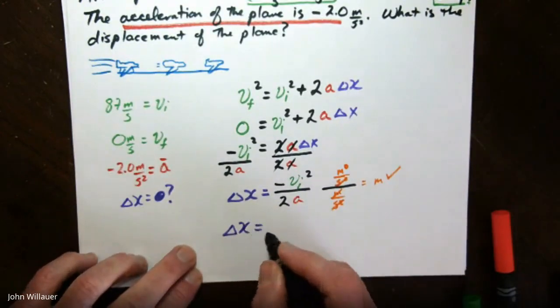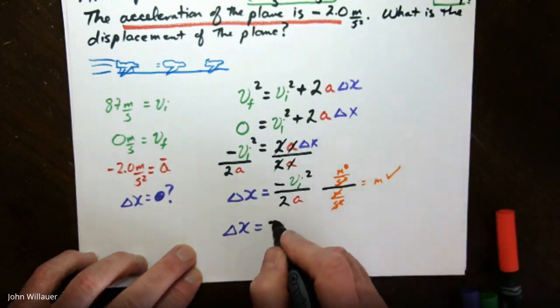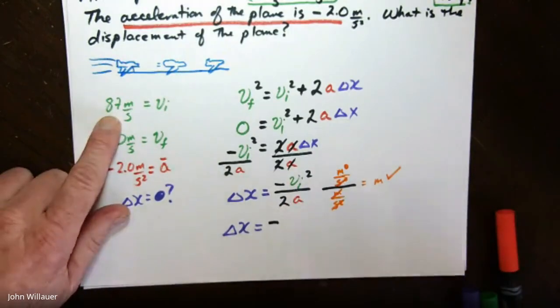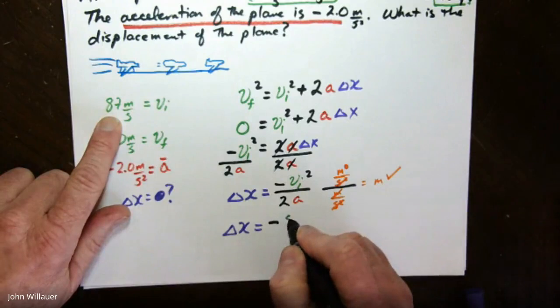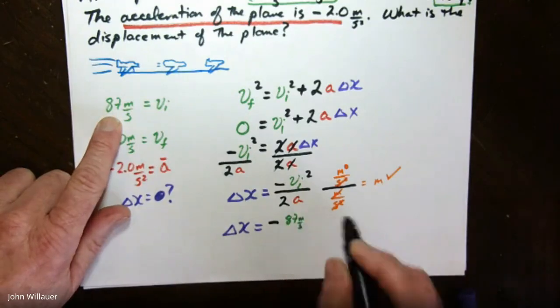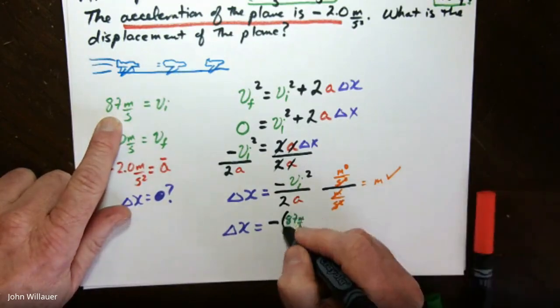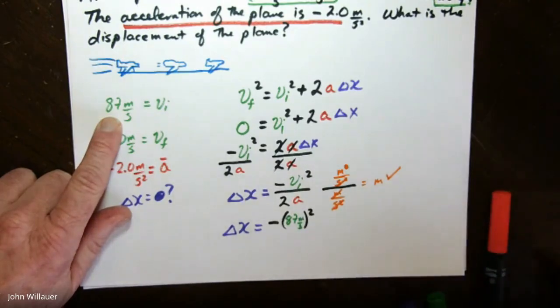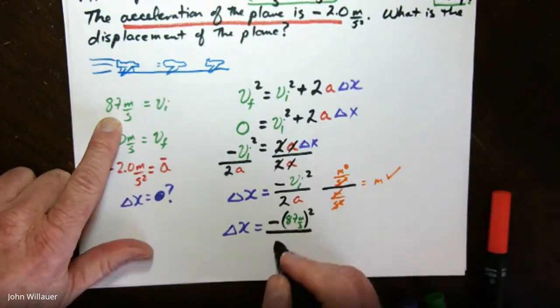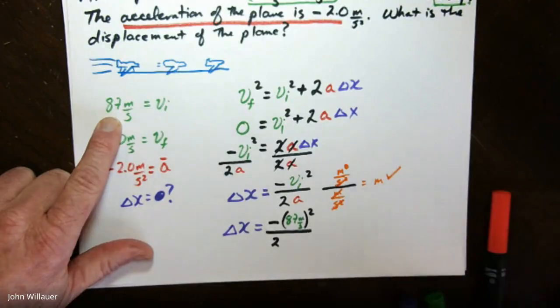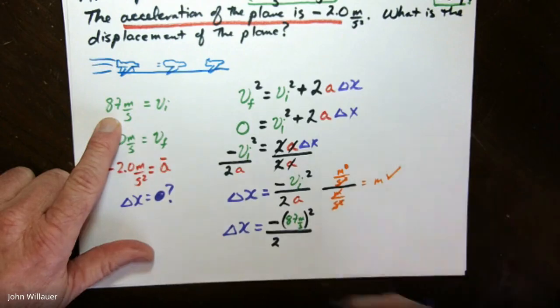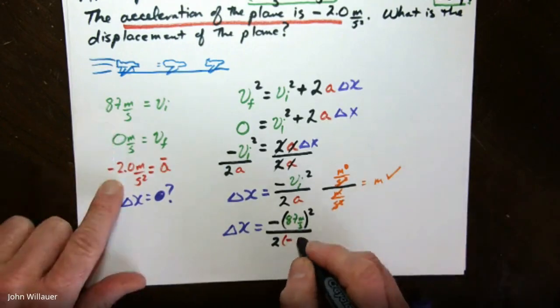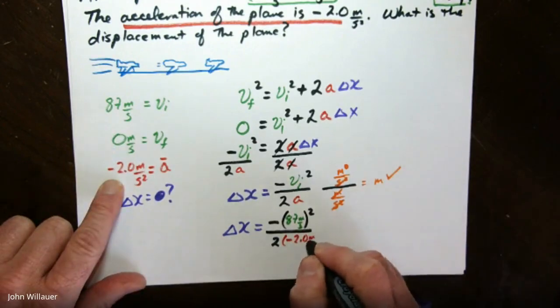So the displacement here is going to equal minus, what was the initial velocity? It was 87 meters per second, but keep in mind that that's all squared, divided by 2 times negative 2.0 meters per second squared.